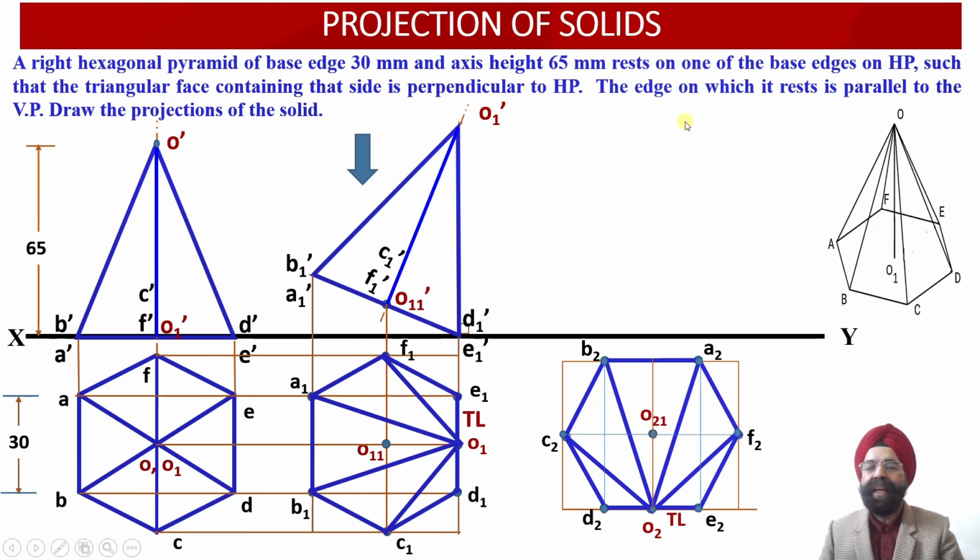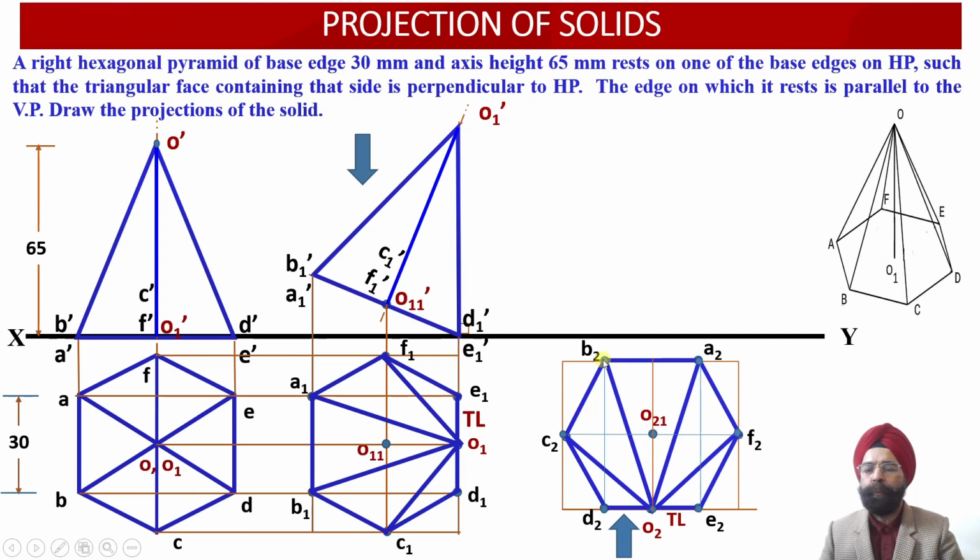Now we are required to obtain the elevation projection points corresponding to this oblique hexagonal pyramid over here. So how can that be done? As the observer is going to look at this pyramid from this direction, there are 8 points available over here in the plan projection view.